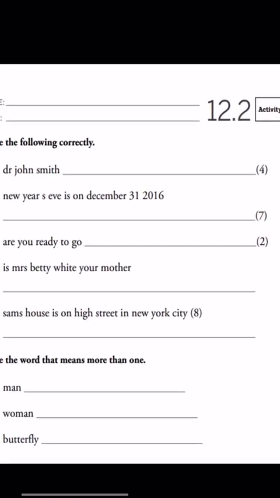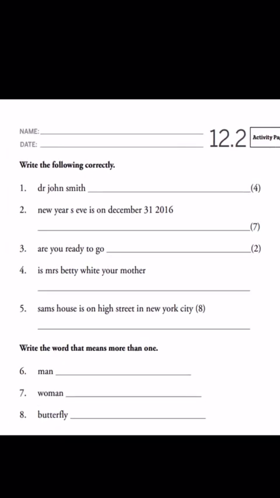So let's go ahead and look at Dr. John Smith. What are we going to want to do? First, we're going to capitalize that D, capitalize doctor. Okay? Next, is that whole word doctor written out?